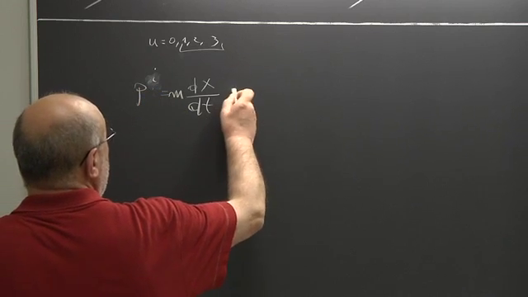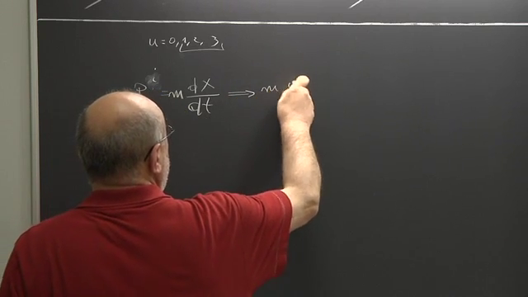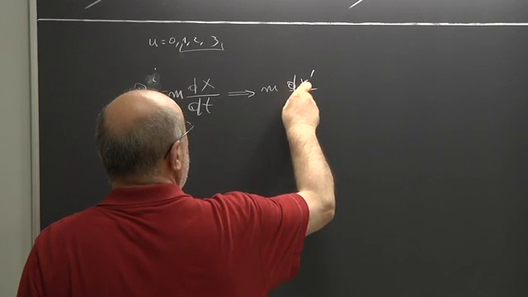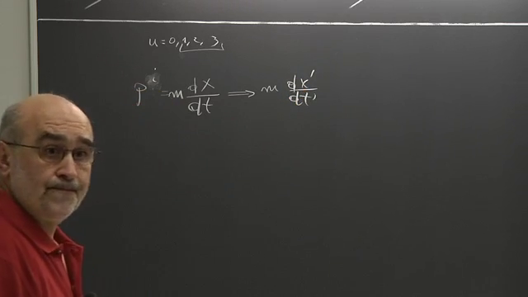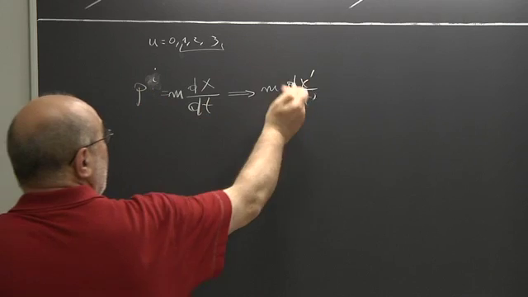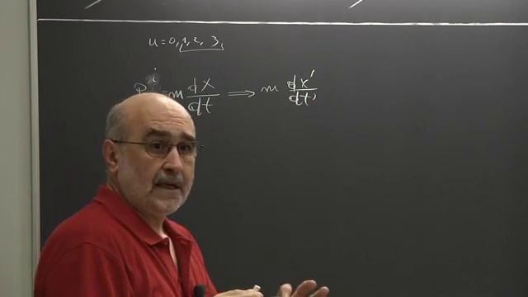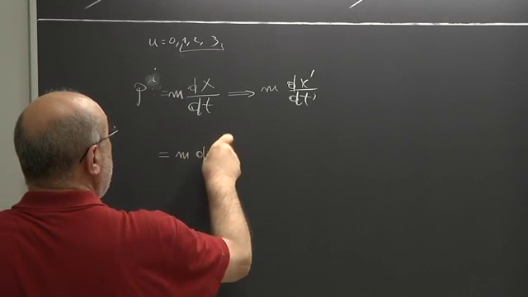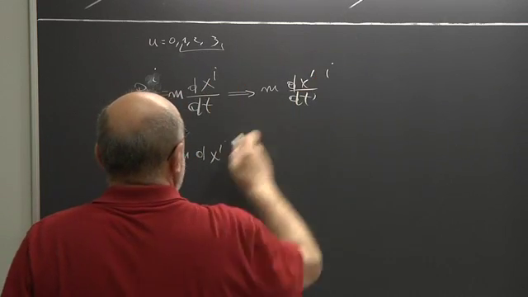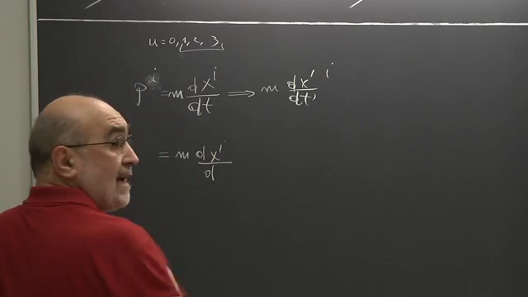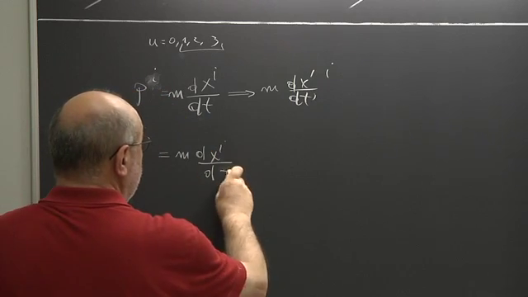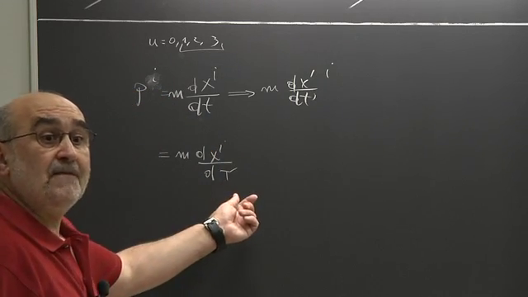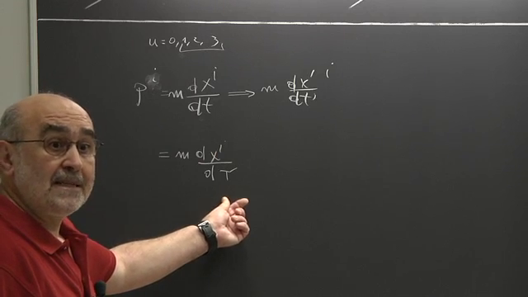When you do a Lorentz transformation, you change both the numerator and the denominator, okay? So this object does not have a well-defined transformation property. If instead you use dx^i, and you divide not by this time but by proper time, this proper time is a relativistic invariant, it does not change.